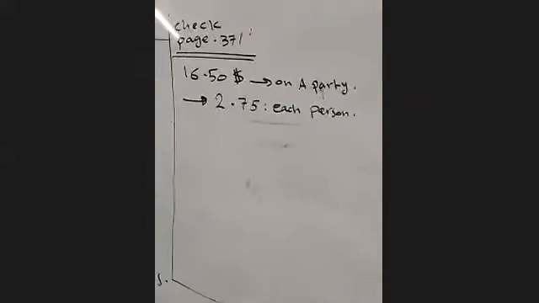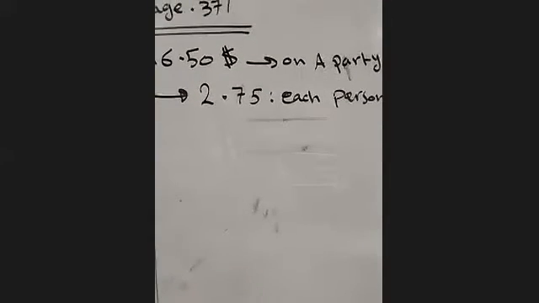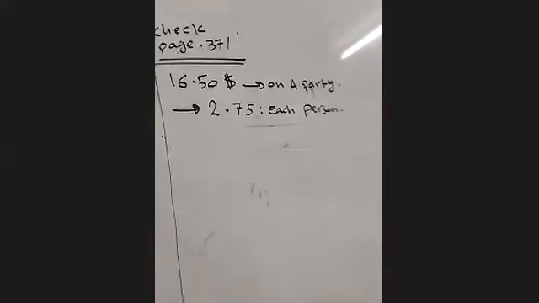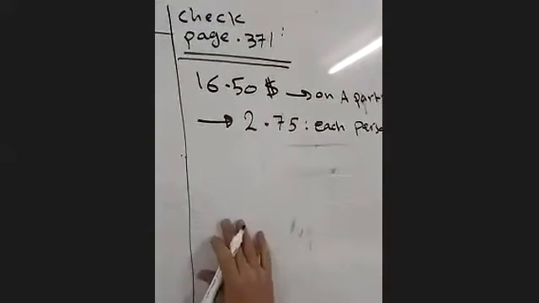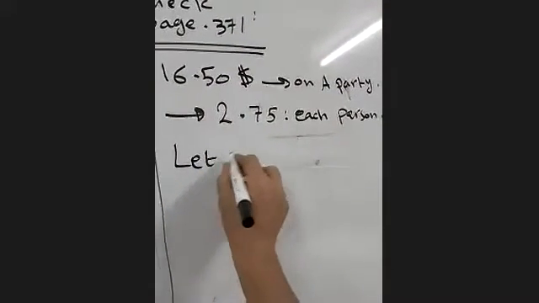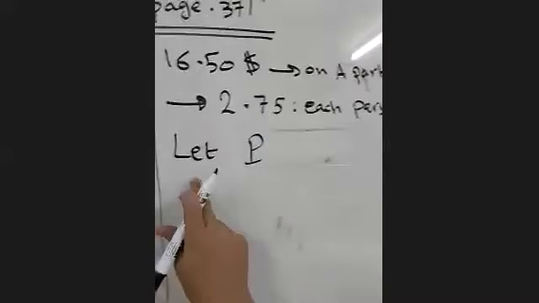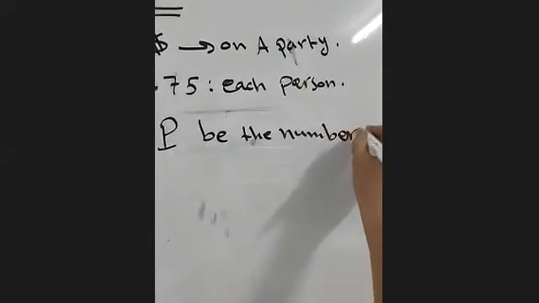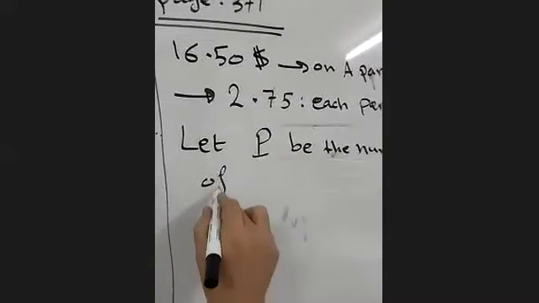Now continue reading the question. We need to find the number of people, right? Do we know the number of people? No. So what will we call it? P. So let P be the number of people.